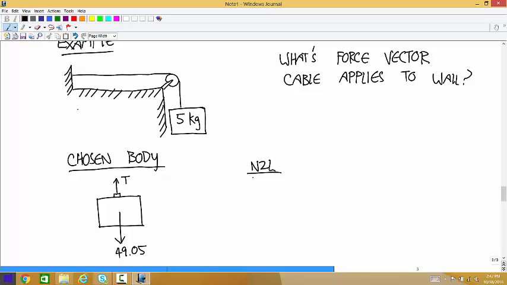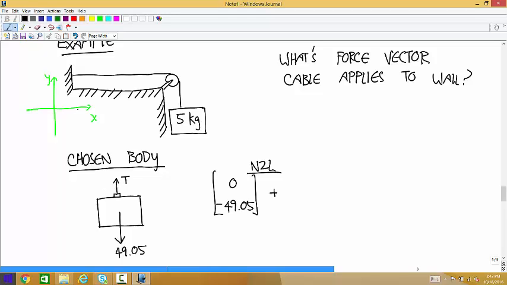So Newton's second law. The weight force, what are the components of this 49.05 force? Yeah, that's in the negative y direction. We choose this coordinate system again. So 0, negative 49.05.